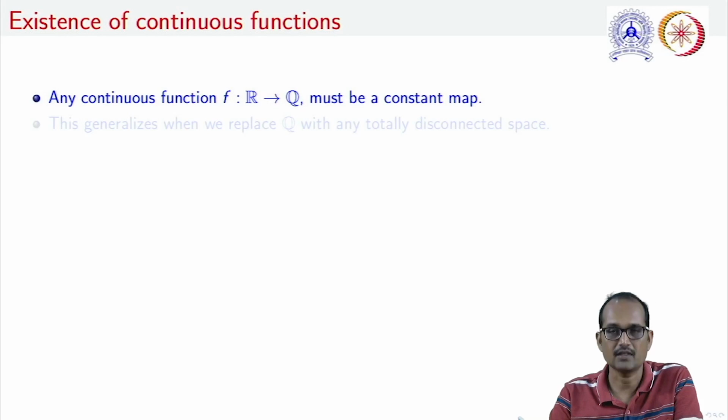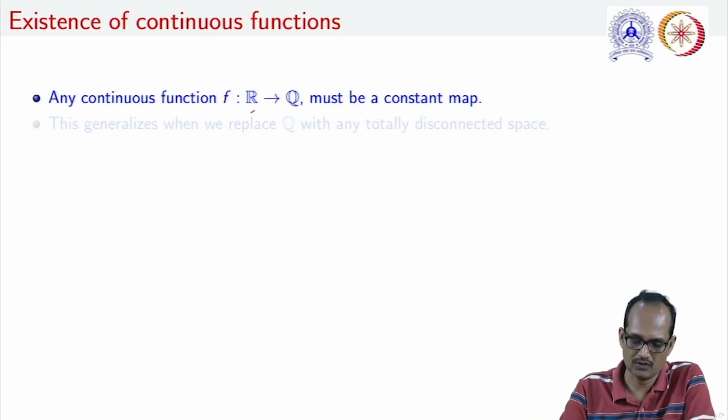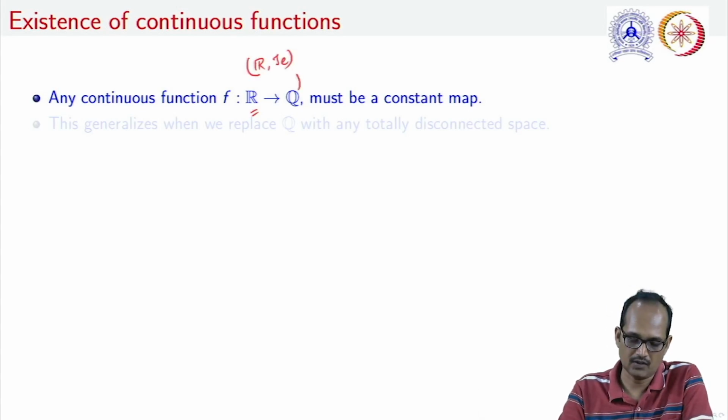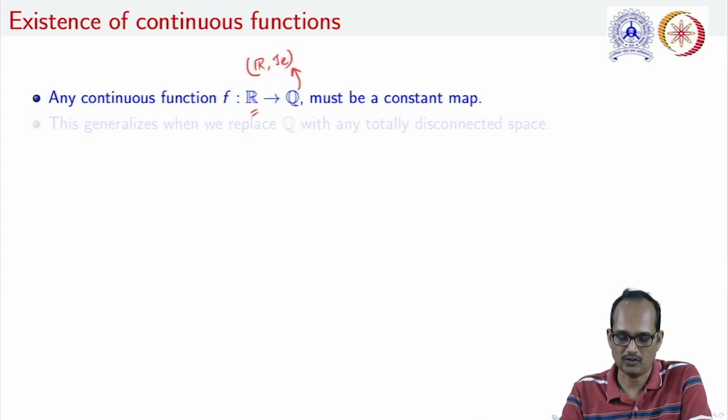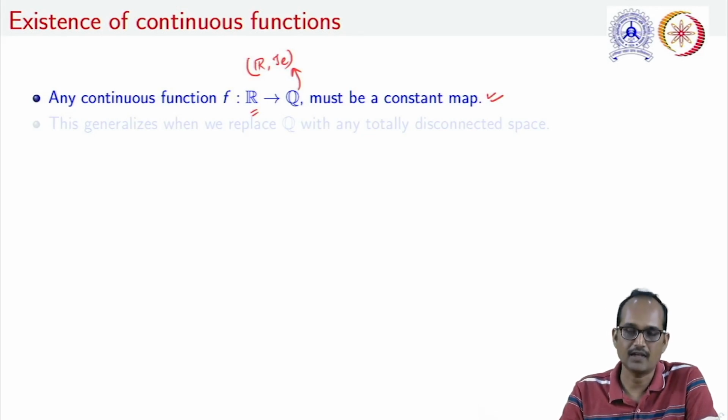Whenever we are talking about R, it means R with Euclidean topology, and Q is a subspace of this topological space. Now note that constant maps are always continuous, so there is no problem regarding this statement, but the question is we cannot construct any other map.